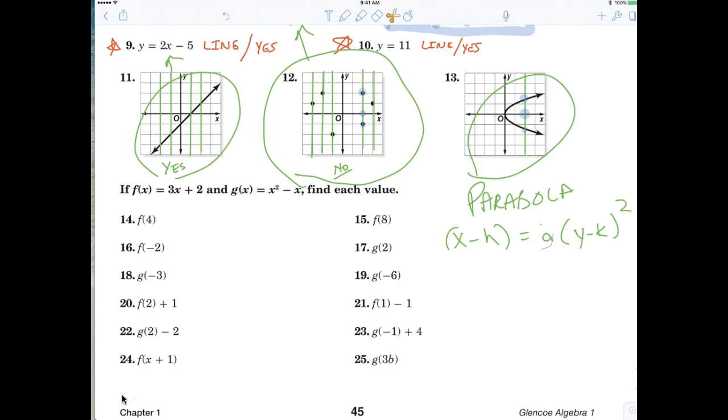Actually, I made a mistake. The a is over here. So that's the equation of that parabola. That would be the general form. As you progress, you will learn the difference between a line, a parabola, a cubic, a square root.